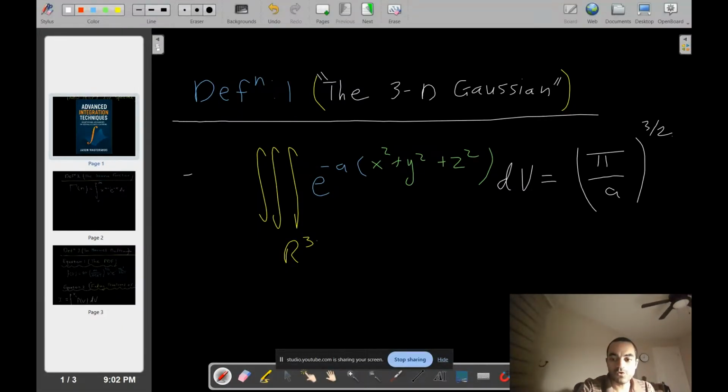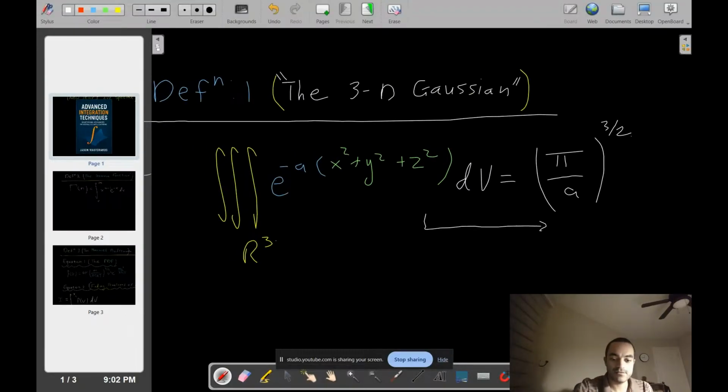And what we're going to look at is why this is equal to this, and how we get this triple integral to be pi over a to the 3/2, where a is a real number, where a has to be strictly greater than 0, and a belongs to the real numbers. So a is a constant greater than 0 that's in the real numbers.